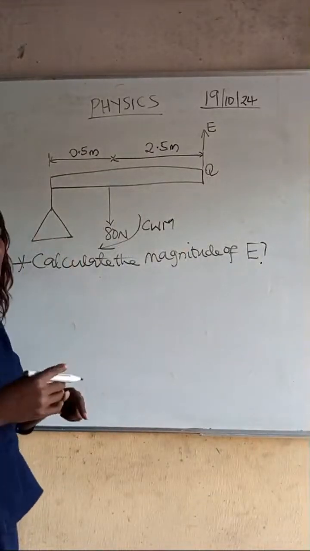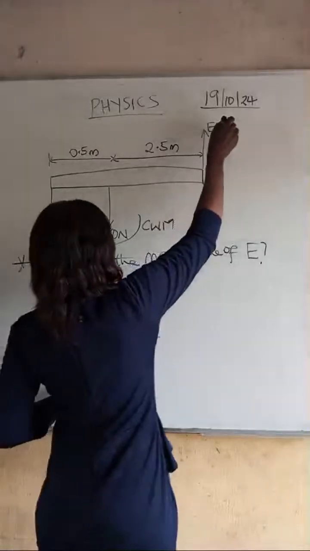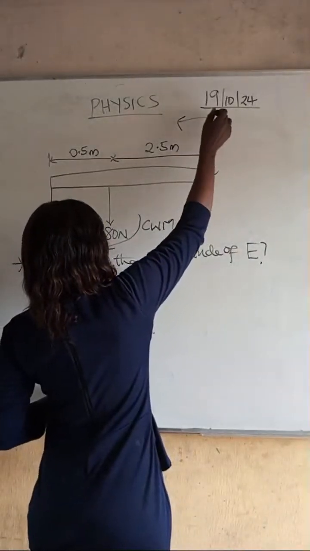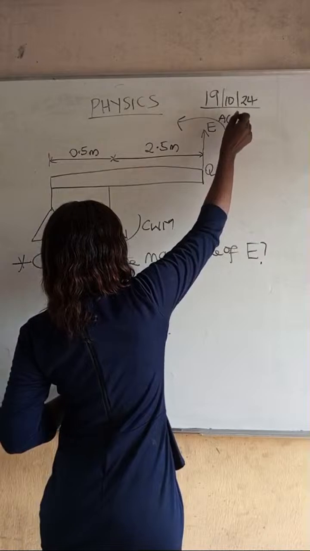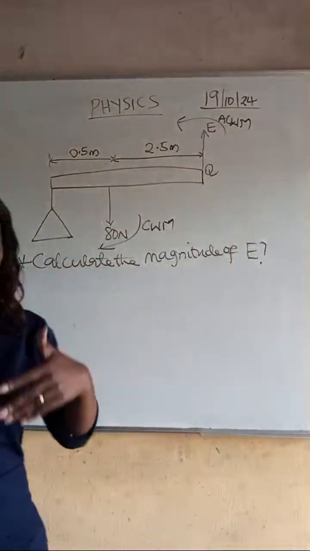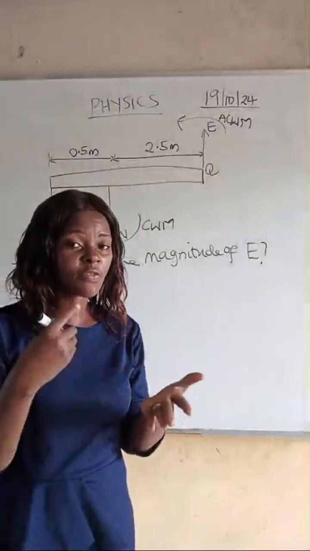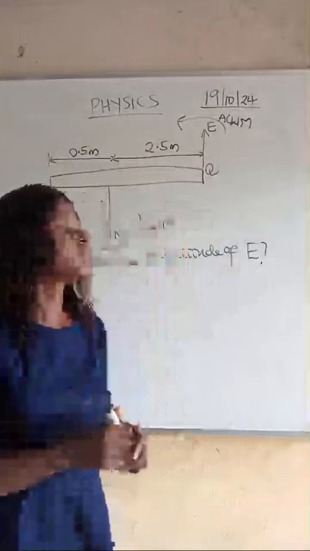So it becomes what? Anti-clockwise moment. I'm going to explain again positive and negative moments in the next slide so you can understand this one properly.